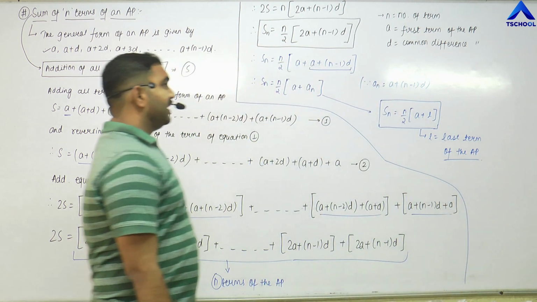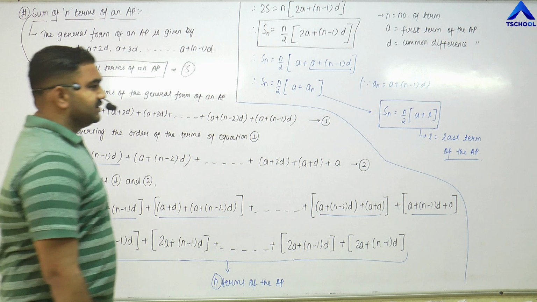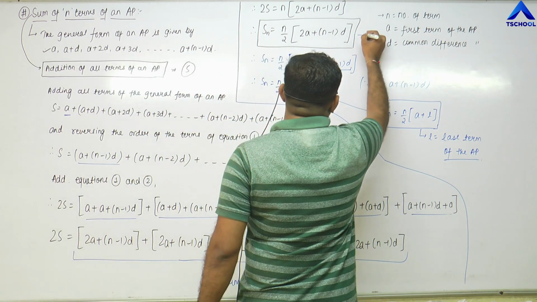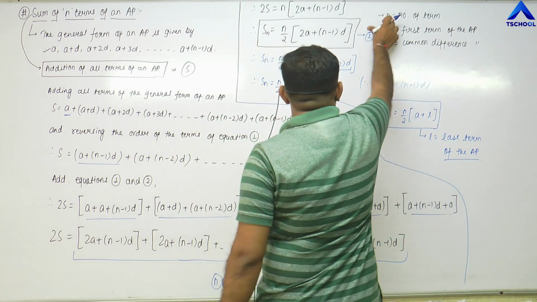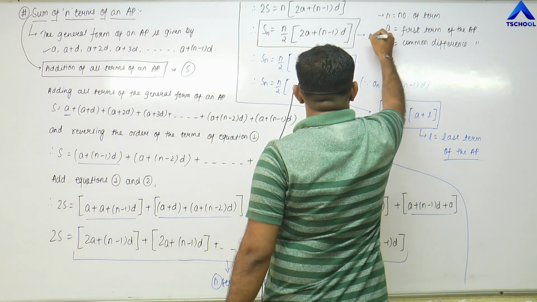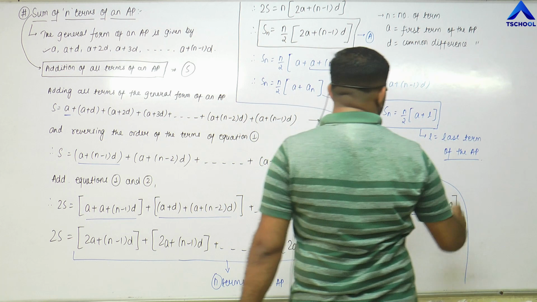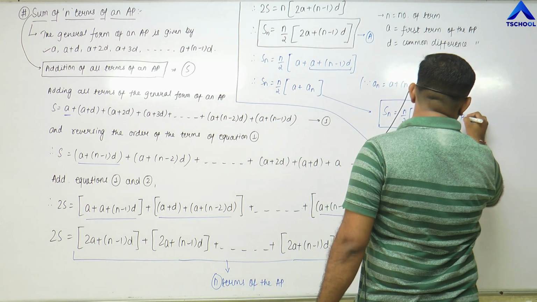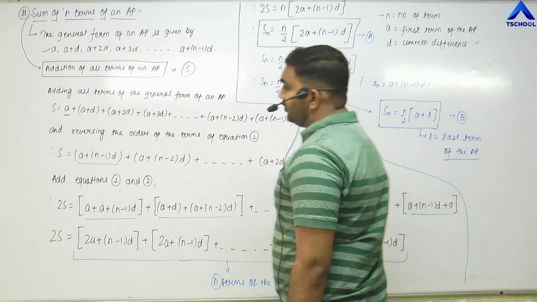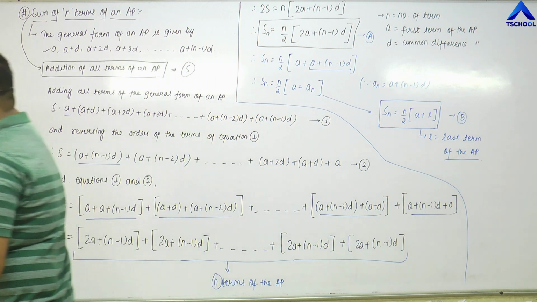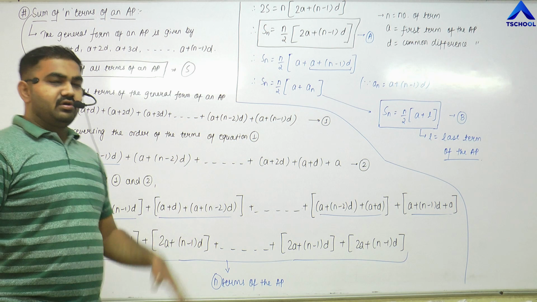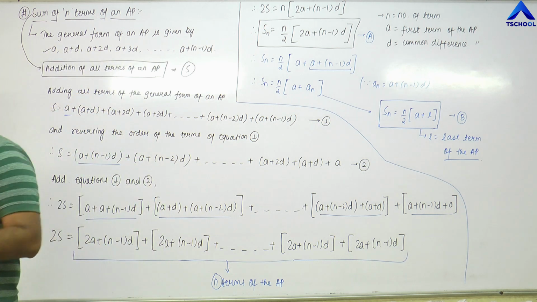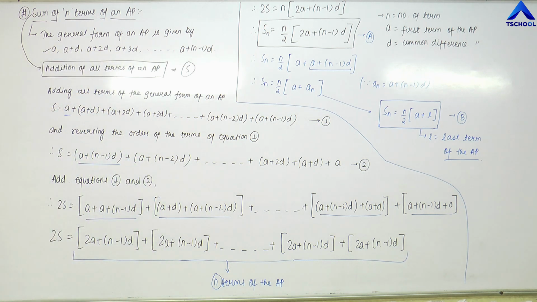So we are having two formulas here. This is the first one, that Sn equals n by 2 into 2a plus n minus 1 into d. That is the first formula. And the second one, that is Sn equals n by 2 into a plus L with given last term L. So these formulas are used to find out the sum of first n terms of an arithmetic progression.